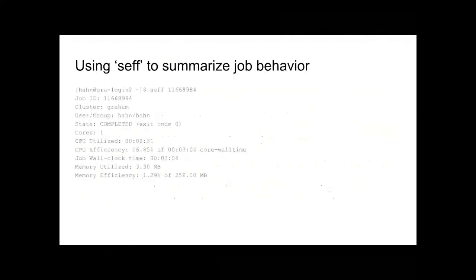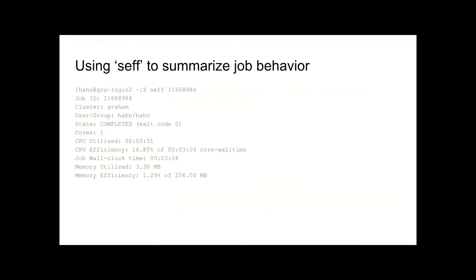There's also a very valuable tool called seff. It's not actually specialized to Compute Canada and doesn't really provide all the information you'd want, but it does provide a useful summary. The key part of this, for me at least, is the utilization. As I recall, when I ran this, I did it using salloc rather than sbatch.